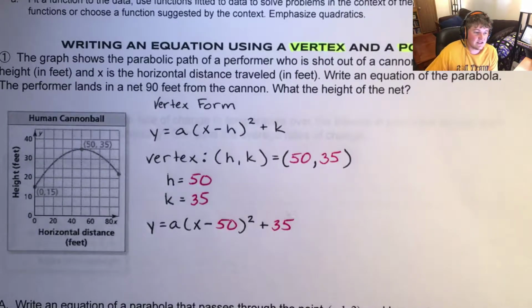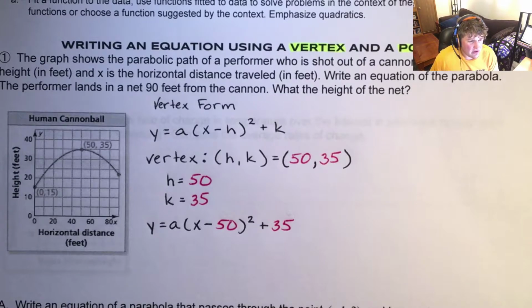Again, as I discussed in 3.1, I spent a lot of time on, if you understand what a, h, and k do, it makes a whole lot of things easier. You can have an idea what the graph looks like. You can be given a graph and have a lot better idea of what the equation is going to look like. And so those are very valuable. So again, if you don't have those down, you might want to go back to 3.1 and rework some stuff.